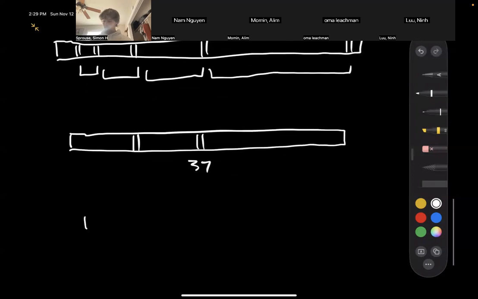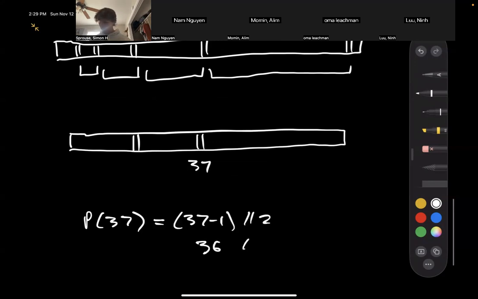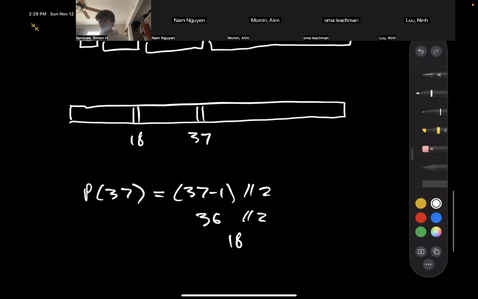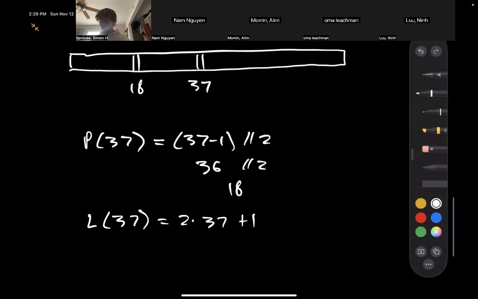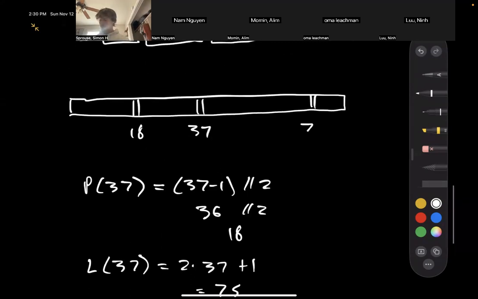We know that the parent of 37 is going to be located at 37 minus 1 floor division 2, which is going to be 36 floor division 2. It's going to be 18. Boom. We know that the left child of 37 is going to be stored at 2 times 37 plus 1, which is 75. So voila. This is what our data structure actually looks like.